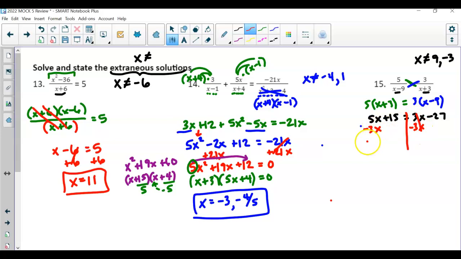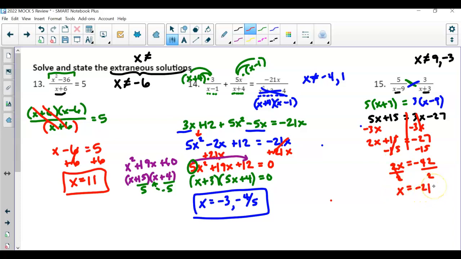Now I've got here 2x plus 15 is equal to negative 27. Then subtract 15, and 2x is equal to negative 42. Then last, divide by 2. And x is now equal to negative 21.